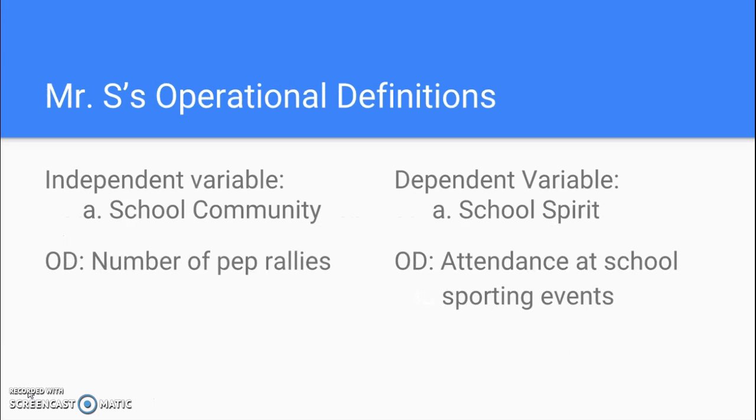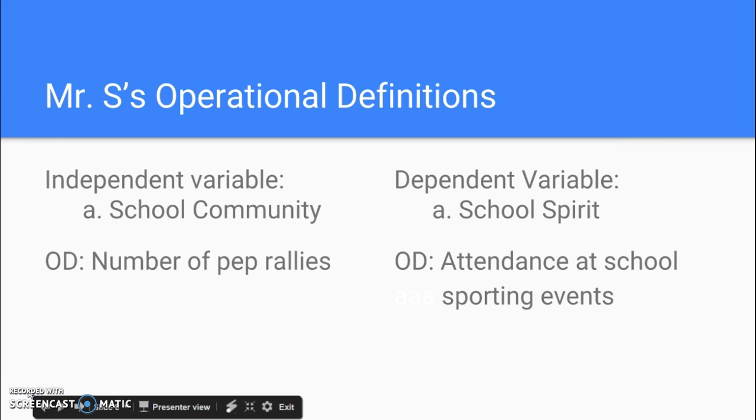For this experiment, I'm going to define school community, the thing that I change, as the number of pep rallies we have. Because I think that if we increase pep rallies, more people will be excited about being a part of the McKinley student body. And my dependent variable, school spirit, I'm going to operationalize as attendance at school sporting events.